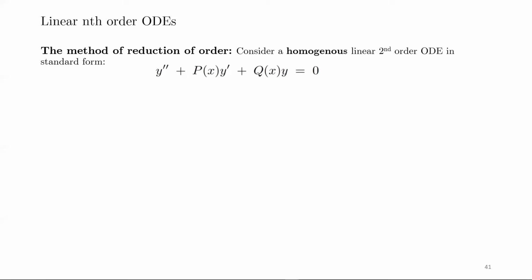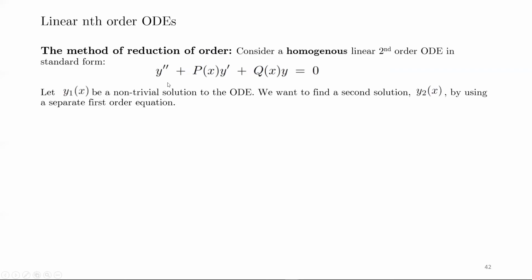It's clearly linear, because all the functions multiplying the second derivative of y, the first derivative of y, and y are functions of x only. It's clearly homogeneous because the right hand side is equal to 0. And it's clearly second order, because the highest derivative is 2.